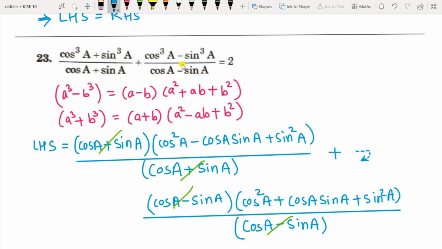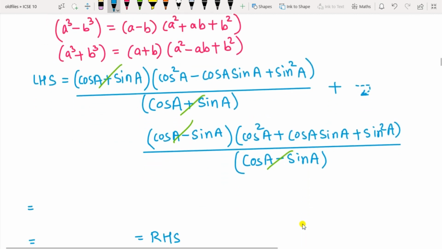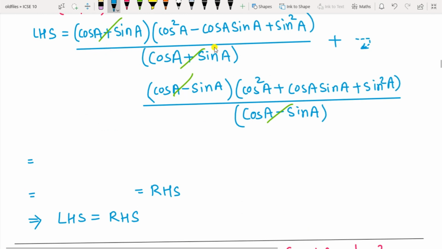Plus, and this term I have written here. Now this is A cube minus B cube. So write its expansion here, cos A minus sin A, cos square A plus cos A sin A plus sin square A. This is the arrow I have shown, and the denominator. Now here numerator and denominator are getting cancelled, plus plus term and minus minus term are getting cancelled. So what is remaining?